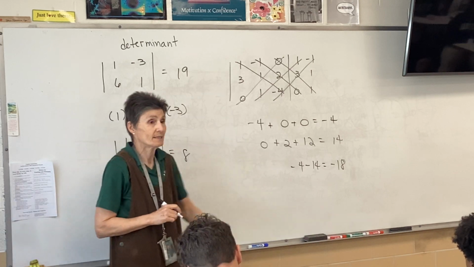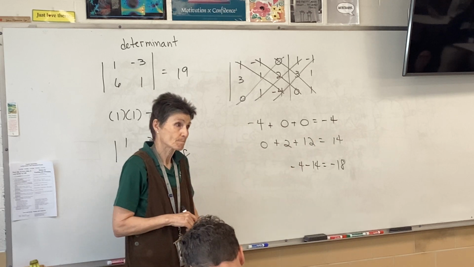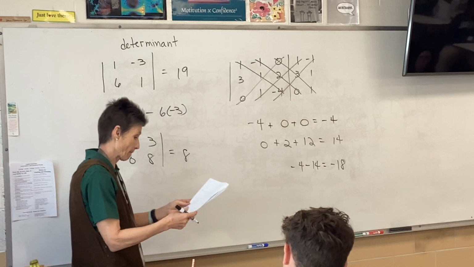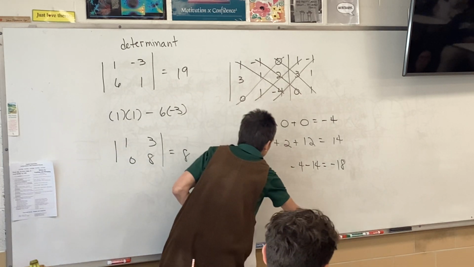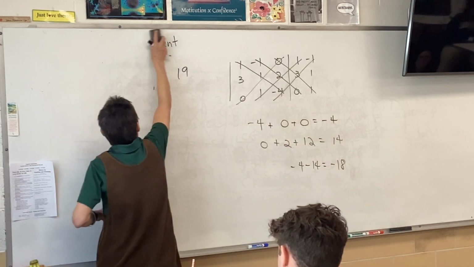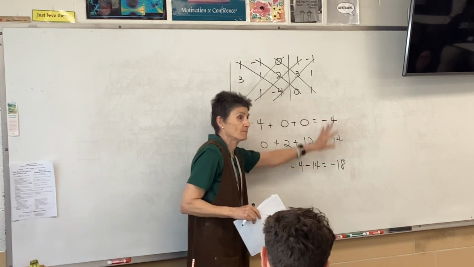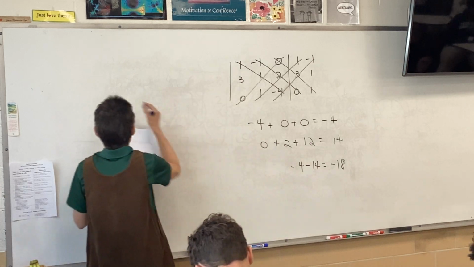In a determinant, it's this minus this. All right, anybody have a question about one of my numbers up here? Everybody following along? All right, try the next one on your own. Same exact thing.